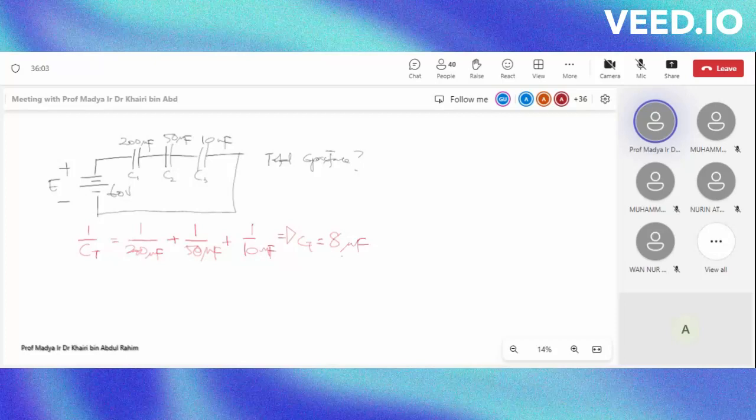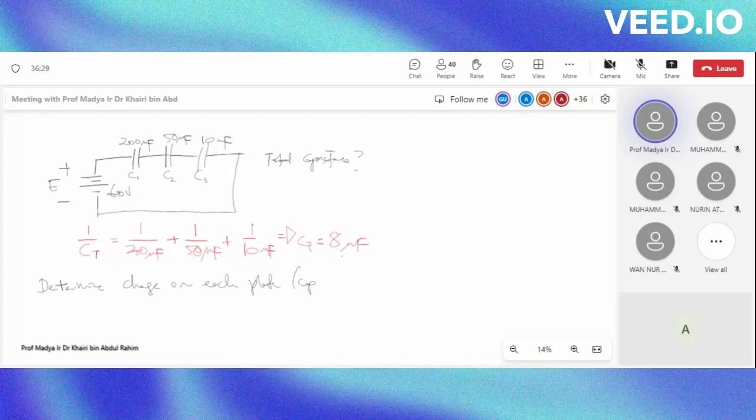Okay, determine the charge on each plate. So the second question: determine the charge on each plate.